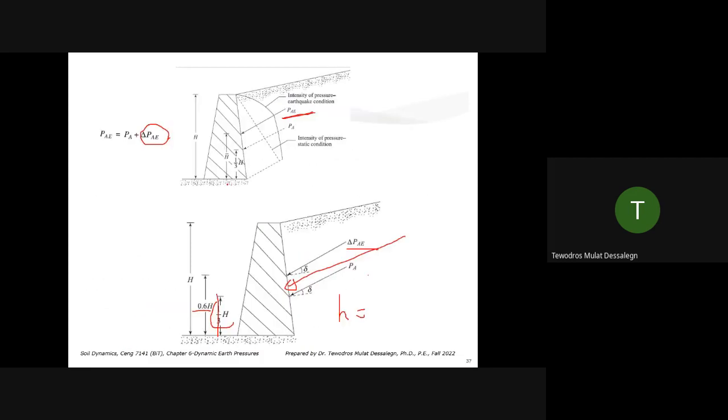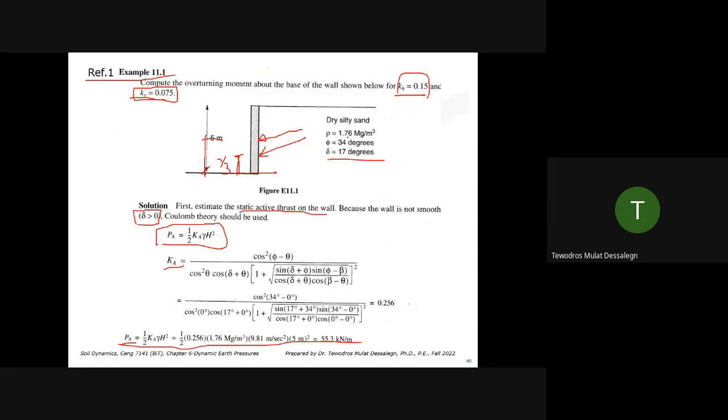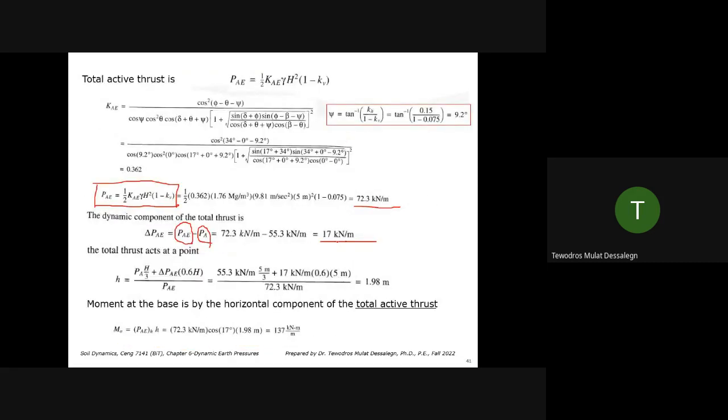Because that picture, you remember this, you see this envelope, because it's bulging in the upper side, that's telling you the CG of this force is higher. So that's where Seed and Whitman recommended 0.6 H. So the 17 kilonewton per meter, that's a dynamic force, it acts at 0.6 H.